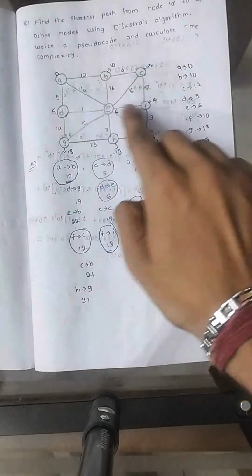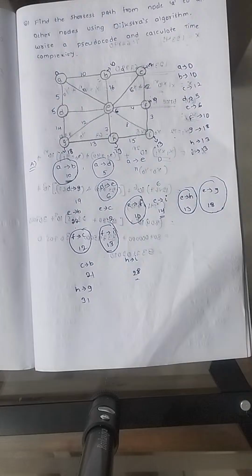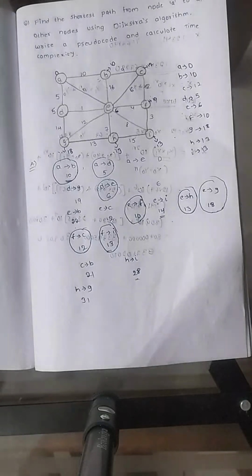B, C, D, E, F, G, H, I are the other friends' houses. He wants to visit his friends' houses, so first he will find the nearest distance. What does he need to do?